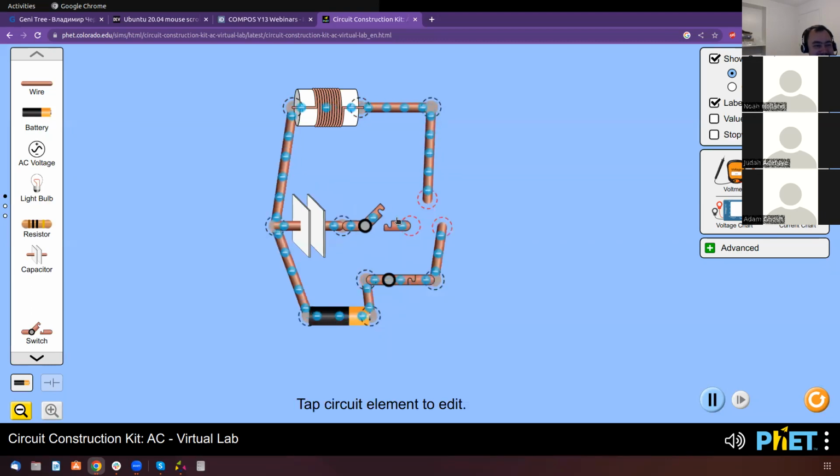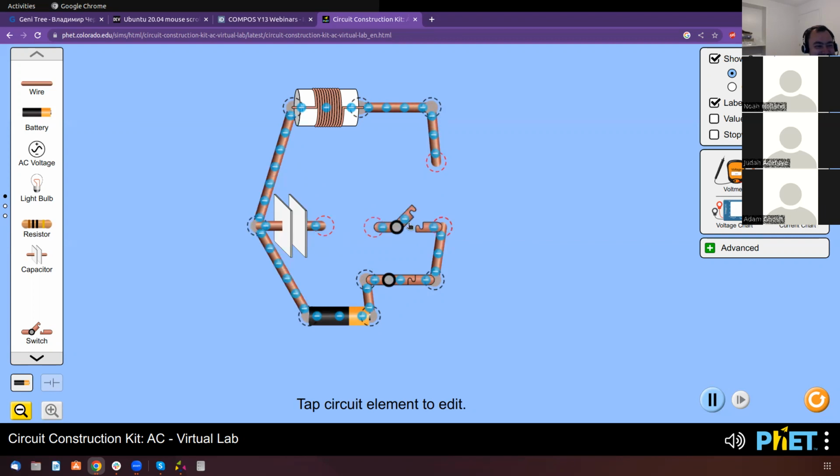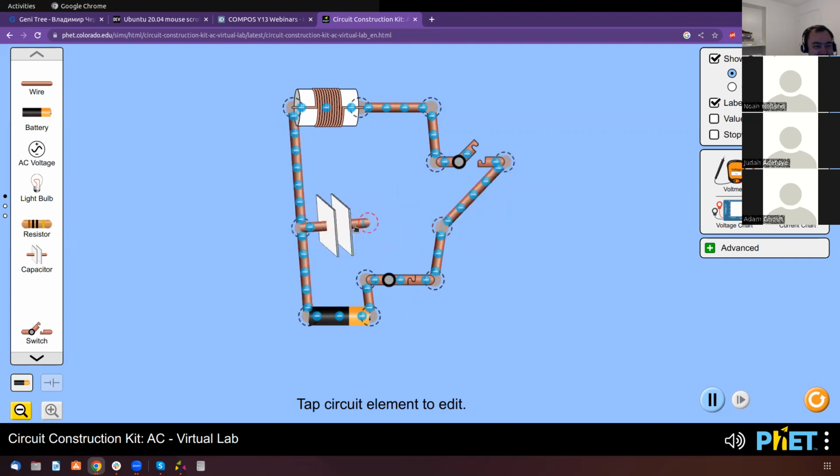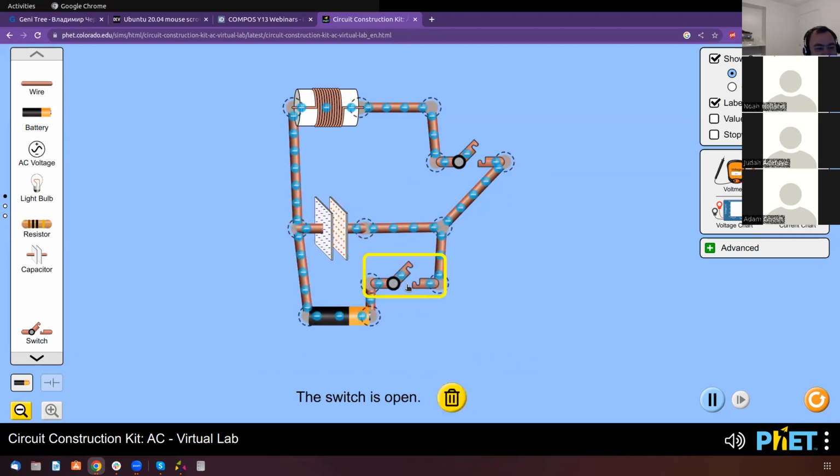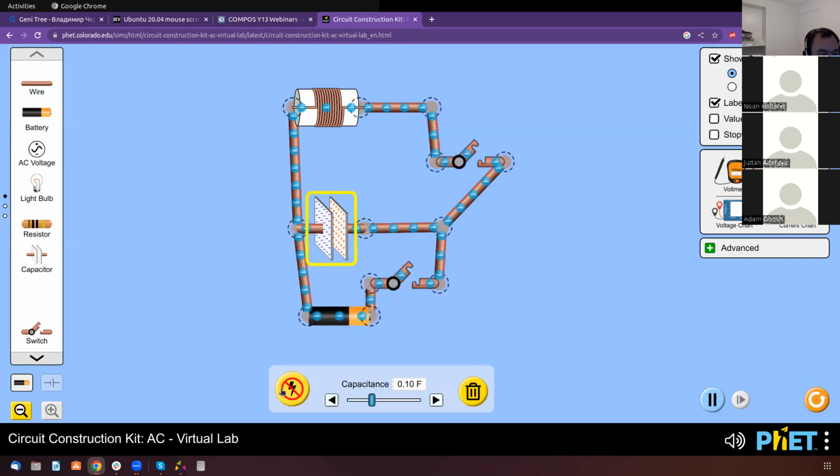Sorry, that's awkward. The switch must go here. So now the capacitor is not charged.